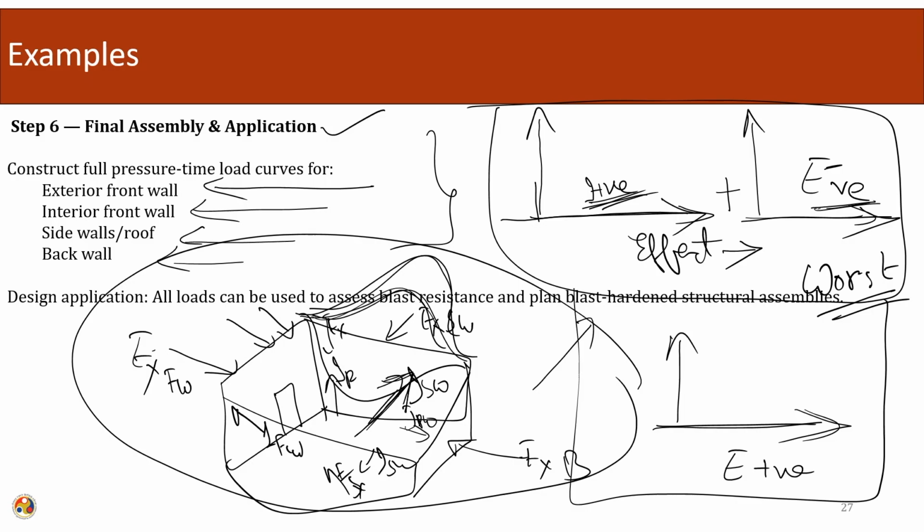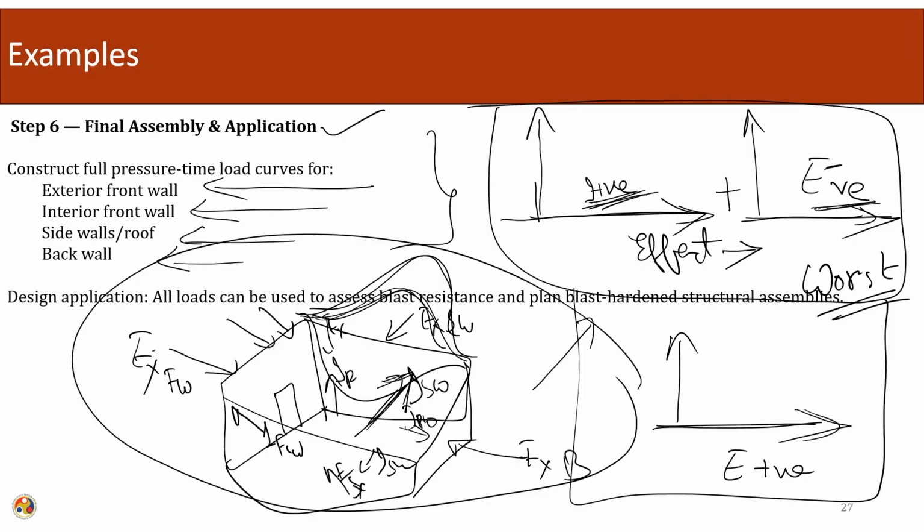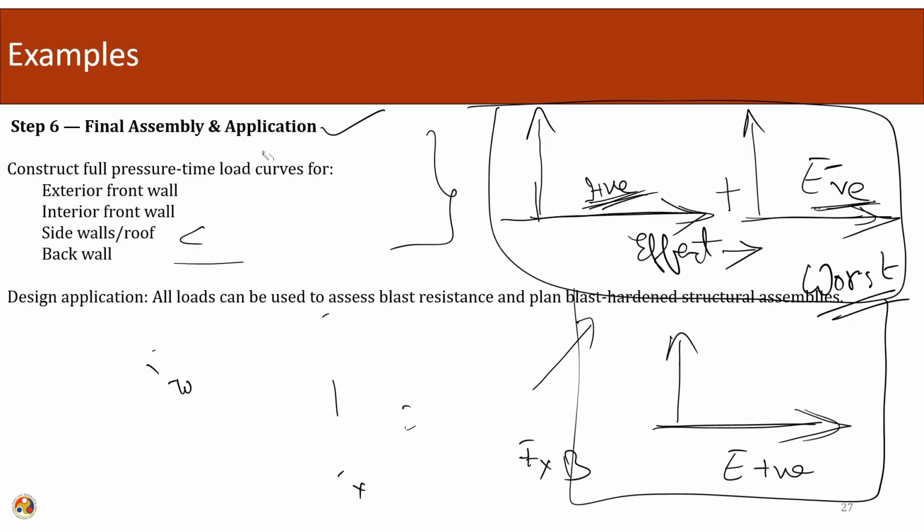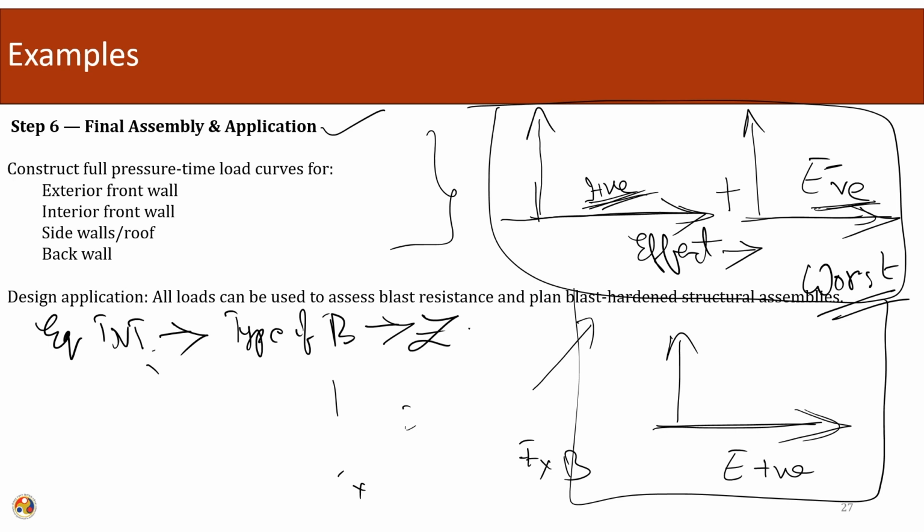With this we have covered the effect of blast loading on rectangular boxes, with or without opening, and we have followed a procedure in which, first of all, we calculate the equivalent TNT. Once we calculate the equivalent TNT, we determine the type of blast. From the type of blast we calculate Z, and from Z we calculate the free field parameters.